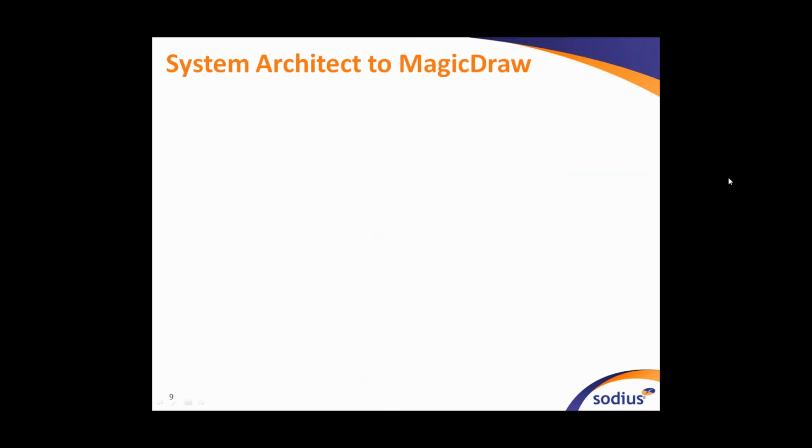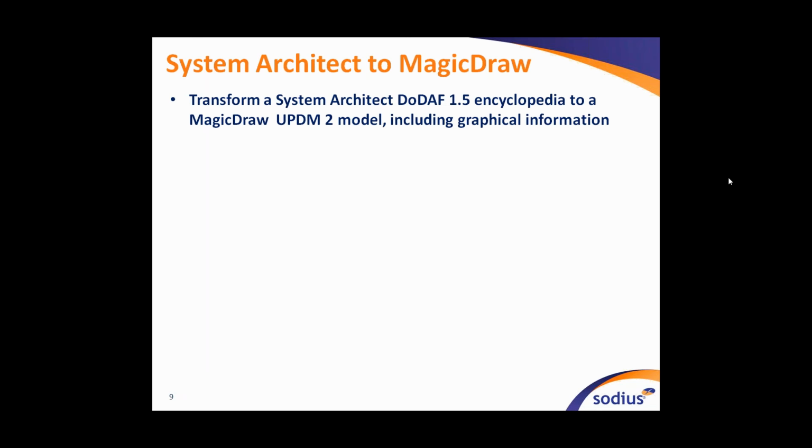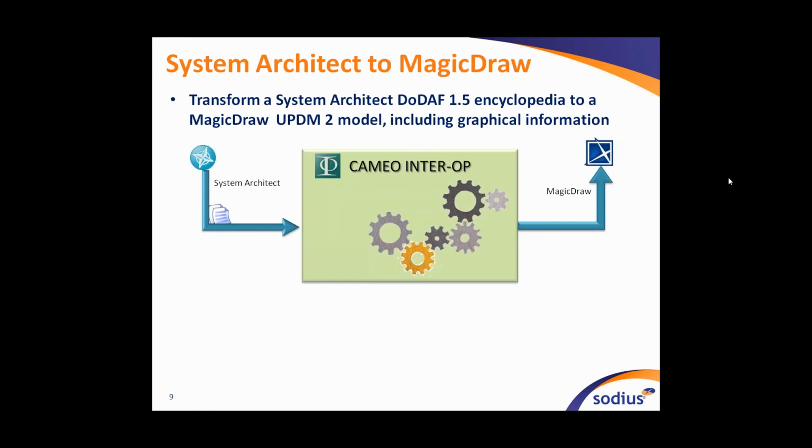The service transforms from System Architect DODAF 1.5 Encyclopedia to MagicDraw UPDM2. It includes graphical information and of course semantic information.